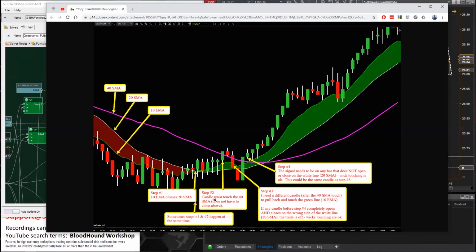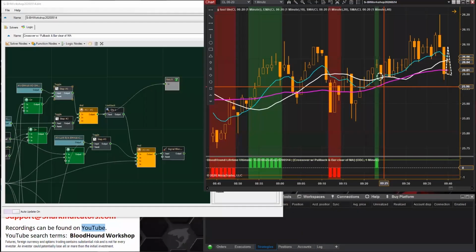Maybe we need to restrict or tighten up step number 2 here, because it says the candle must touch the 40 SMA. It doesn't have to close above, just has to touch it. A lot of these candles aren't actually touching the 40.